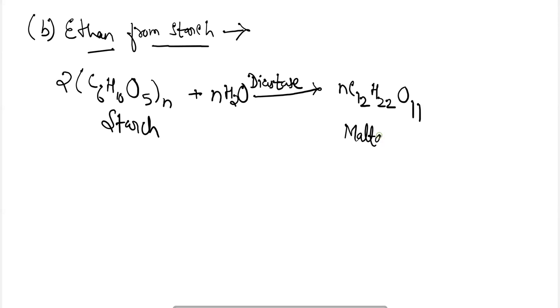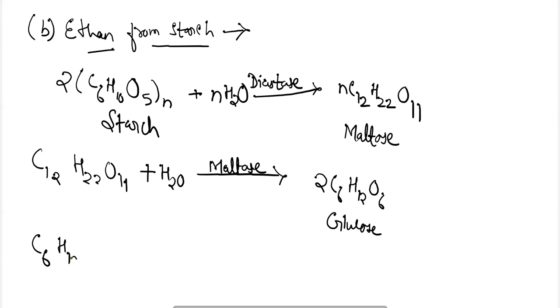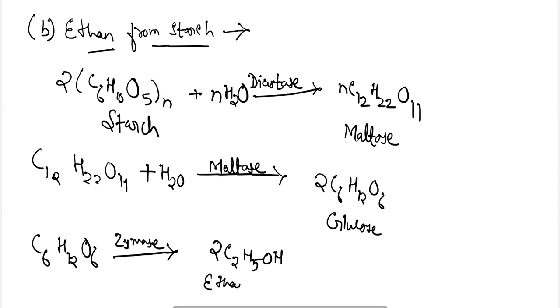On adding yeast, the maltose will convert to glucose in the presence of maltase enzyme, and further this glucose, in the presence of zymase from the yeast, will be converted to alcohol, that is ethanol, with carbon dioxide.